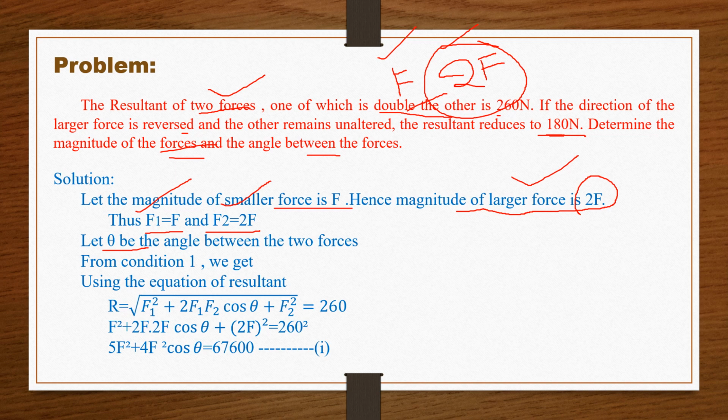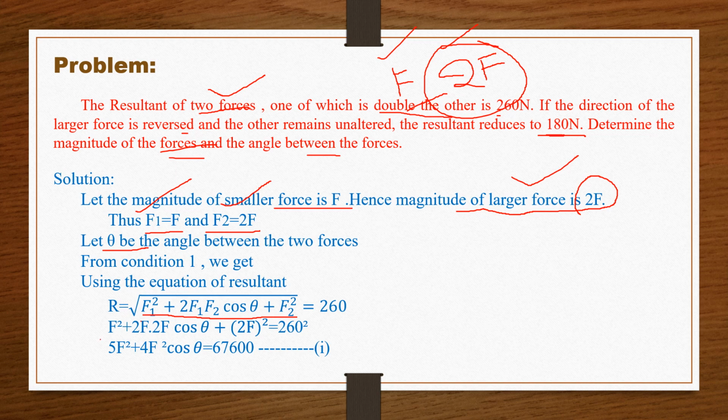Now, from the first condition, using the equation of resultant, R equals under root of F1 square plus 2 F1 F2 cos theta plus F2 square. We assumed F1 equals F, F2 equals 2F.